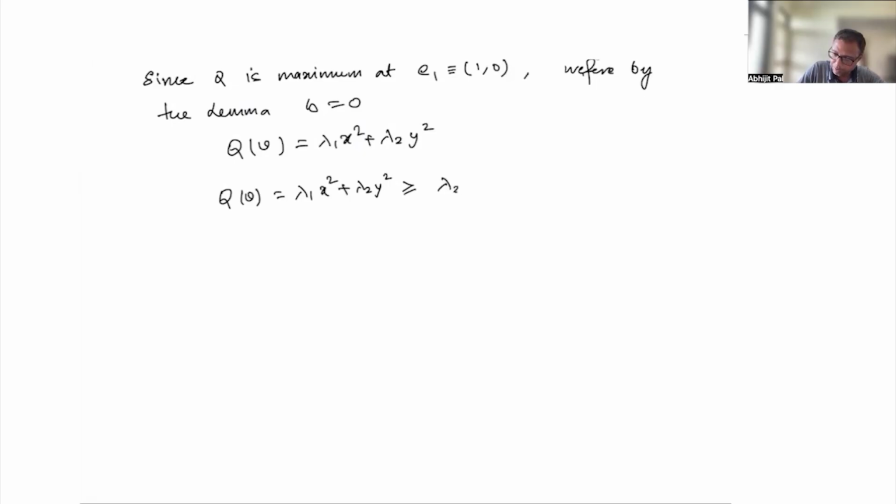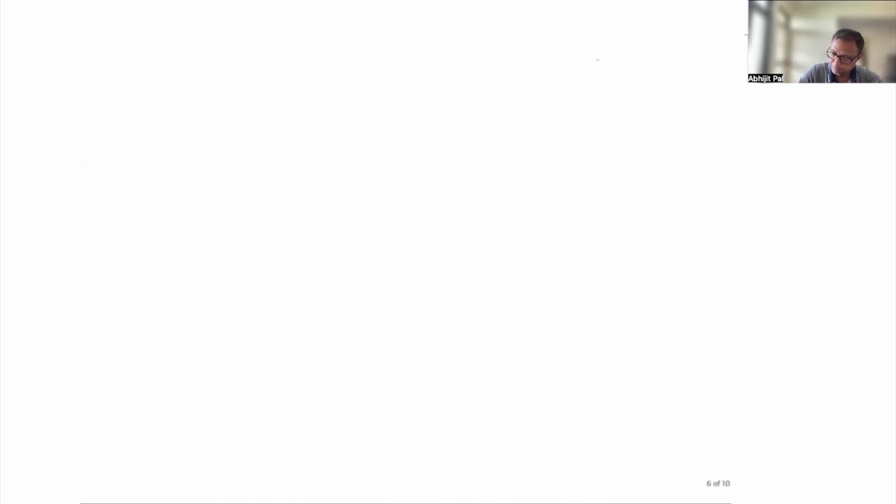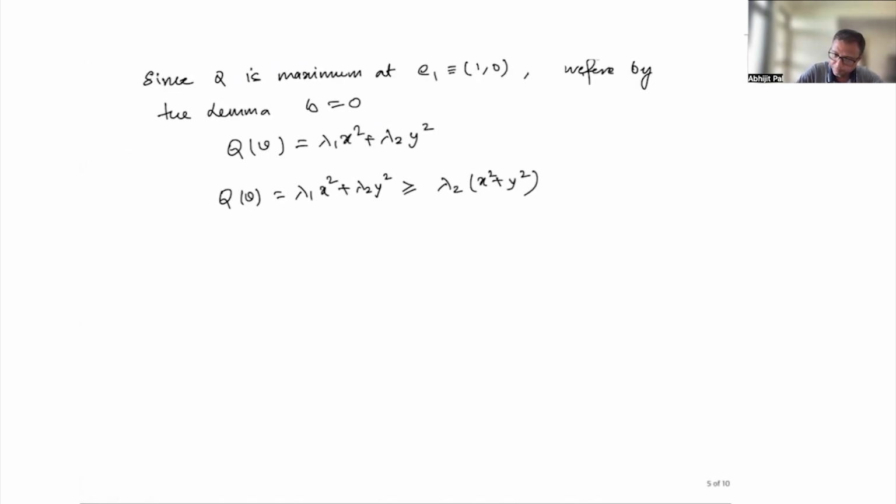So we have that lambda 1 x square plus lambda 2 y square will be greater than or equal to lambda 2 times x square plus y square, and x square plus y square is equal to 1.